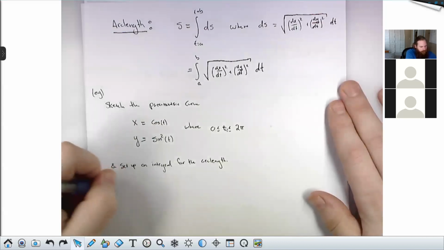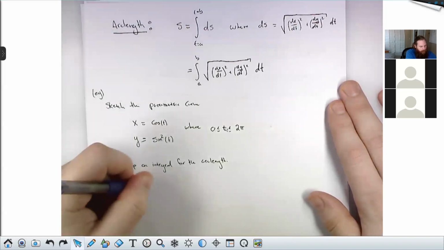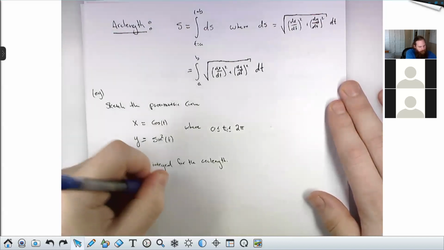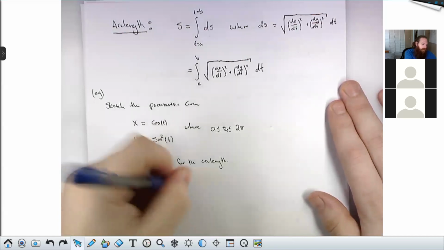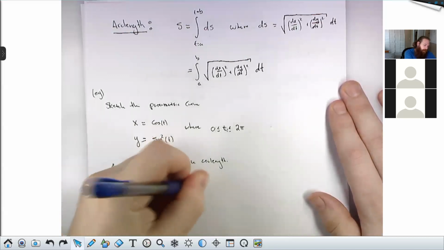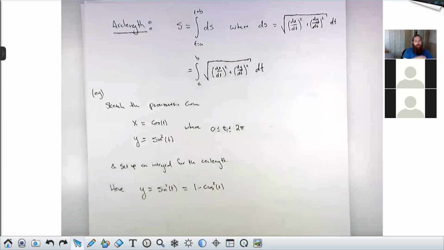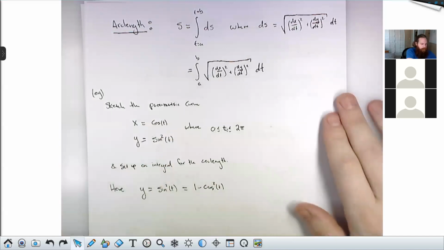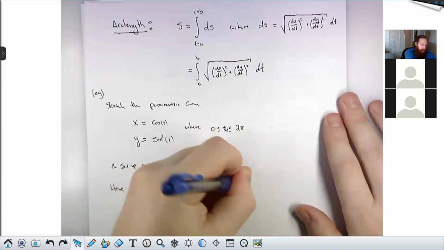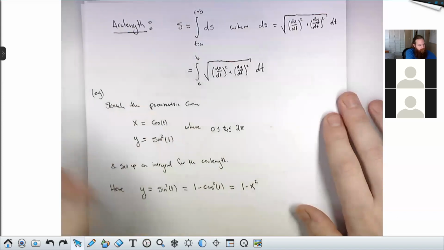So here, y is sine squared. And sine squared is the same as 1 minus cos squared. We've seen that a million times. That's the Pythagorean identity. But cos squared is x squared. So this is the same as 1 minus x squared.